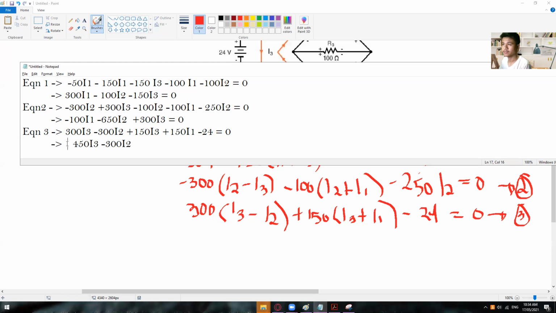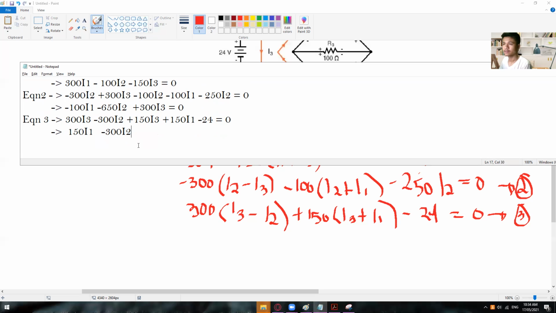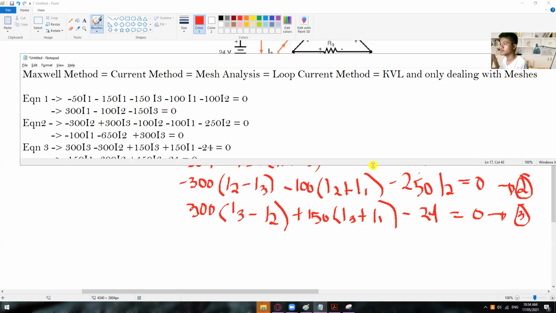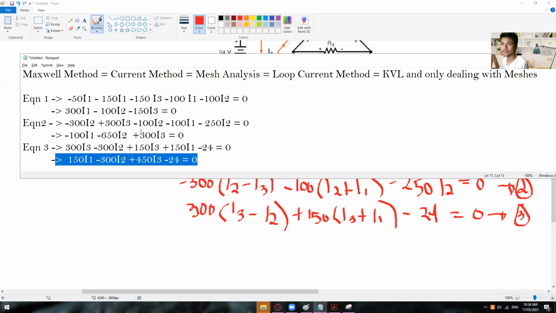Let me put the I sub 1 first, 150 I sub 1, and then let me transfer this one to the other side. Okay, 150 I sub 1 minus 300 I sub 2 plus 450 I sub 3 minus 24 is equal to 0. Okay, so those are now the simplified equations of our equation 1, 2, and then 3.